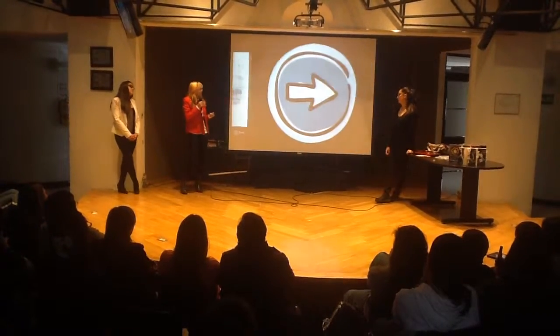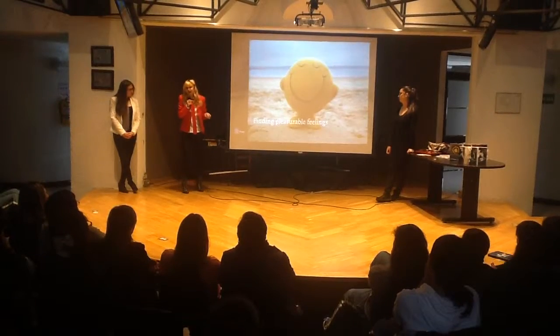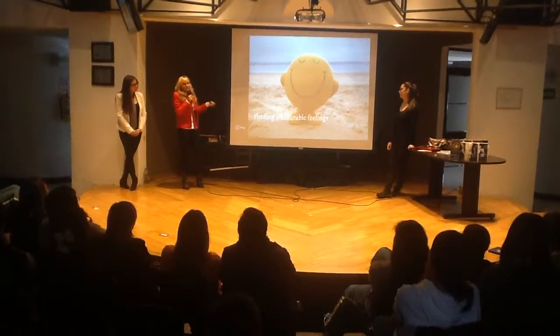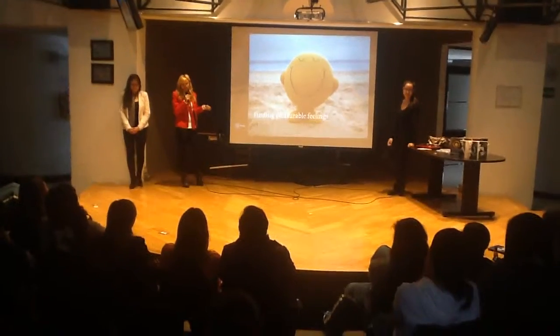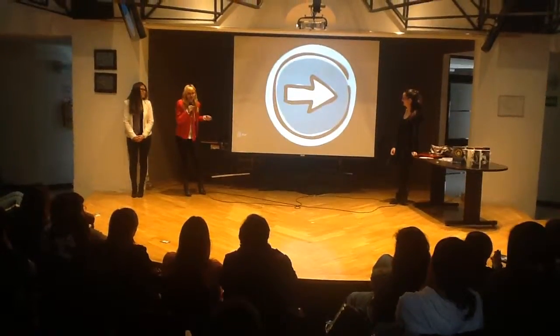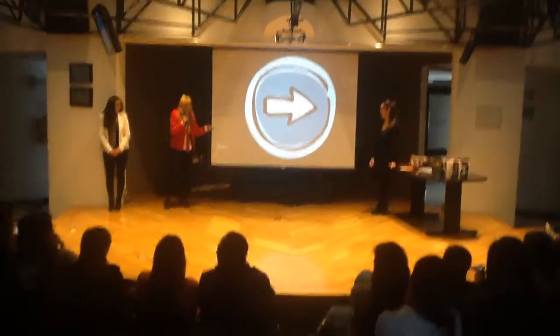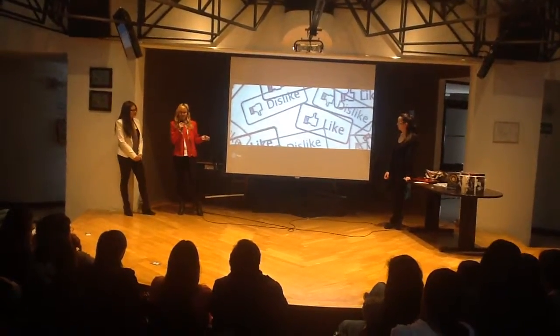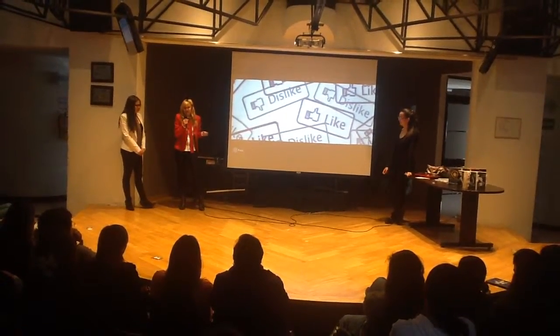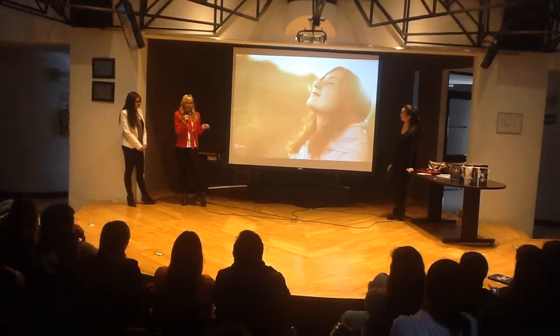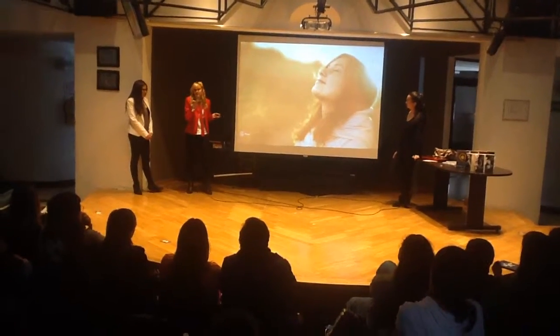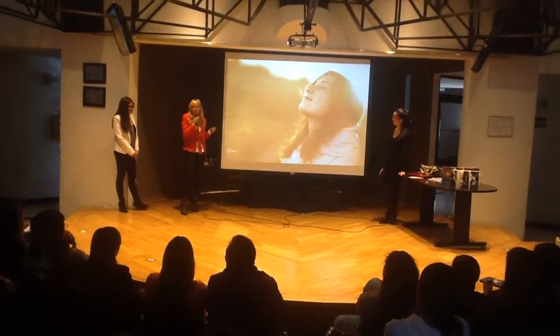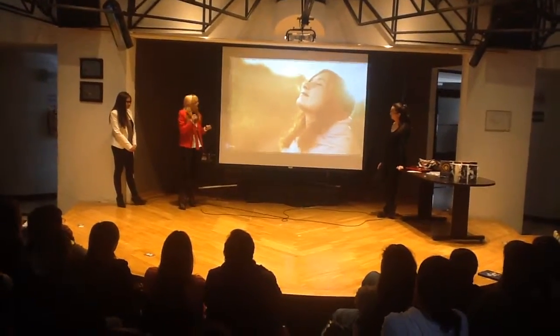And this is how you will discover what you like, what you dislike, by finding pleasurable feelings. When you have a pleasurable feeling, you're going to say, okay, I like this, this is good. And when you don't, you're going to say, I don't like this, this is not good. And you will ultimately build your own personality, find yourself, which is the ultimate goal of adolescence. That is why people go through adolescence, to find themselves.